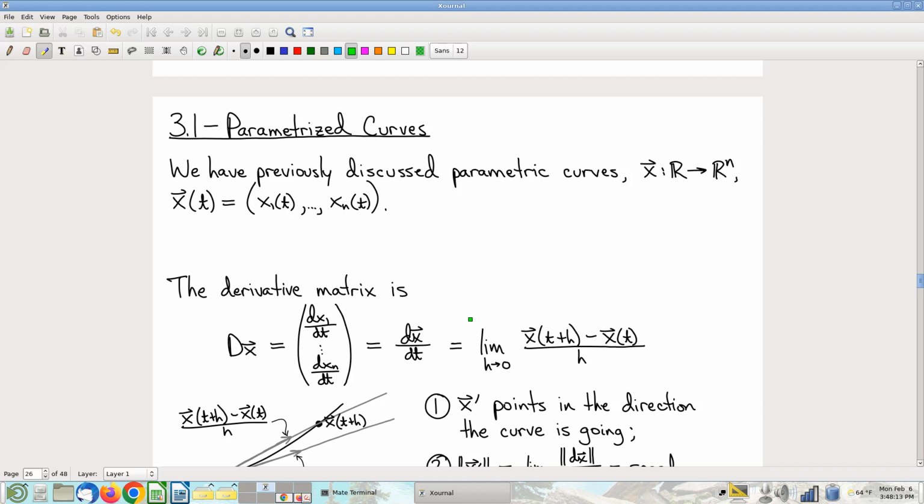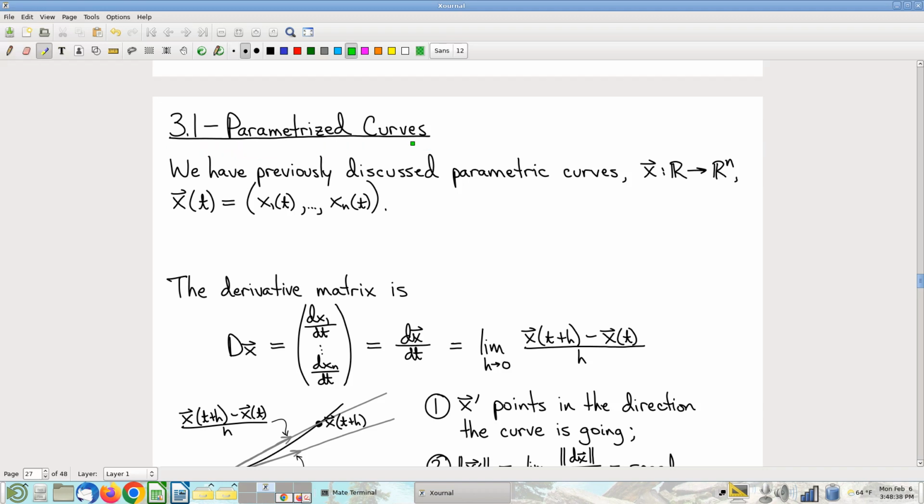And the point of view that I want to take is in terms of interpreting derivatives as velocities. And the book hasn't really done that yet, and they don't really get around to it until 3.1. Well, I'd like to be able to take that point of view earlier with the chain rule. And so here we are. We're going to do 3.1 first, and then we'll go back to 2.5.